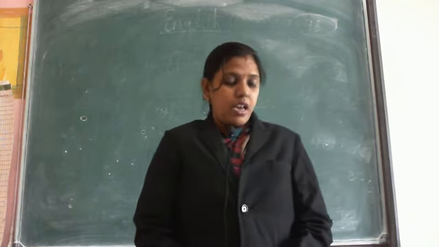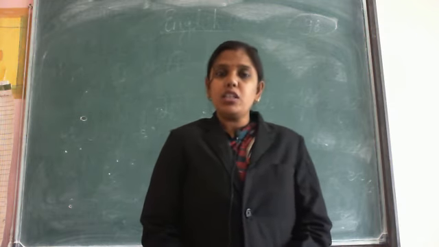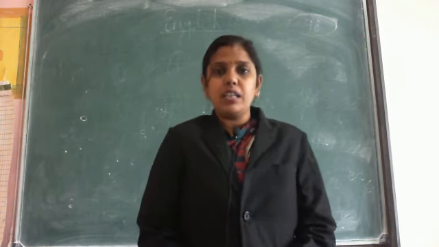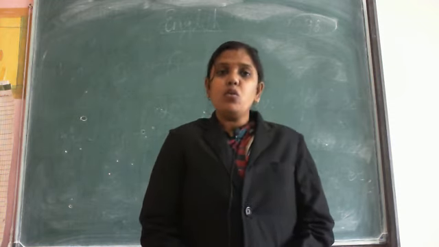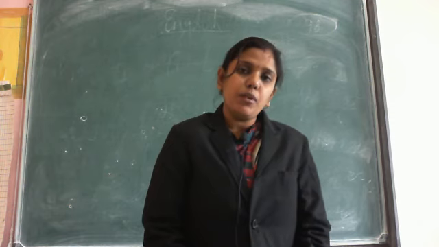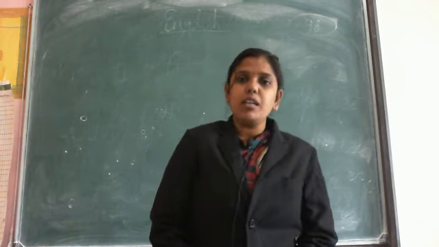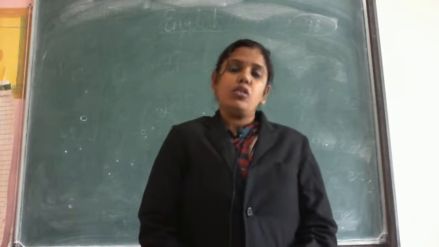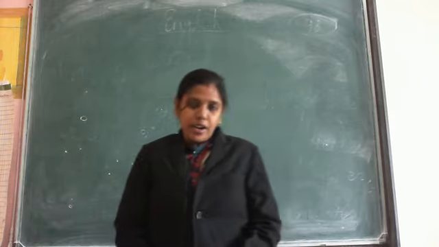Take out your pencil, your eraser, sharpen your pencil fast. No need to open a new page. If you have space on the same page, after question number 2, you can continue from the same page. If no space is there, take out a new page and write today's date.